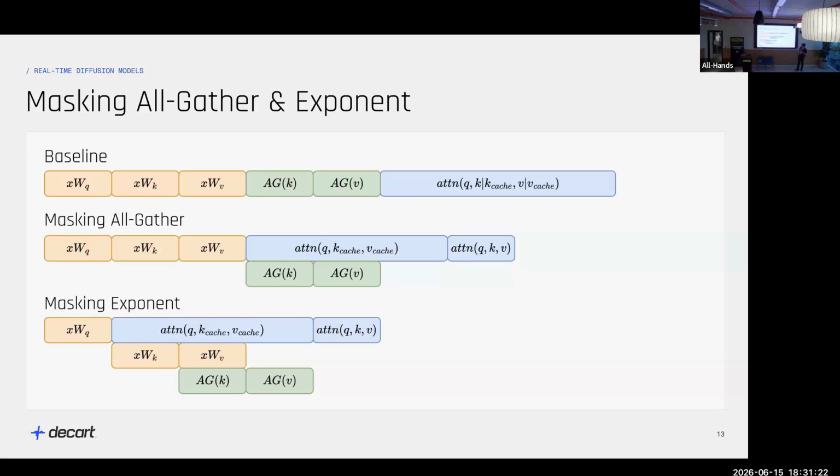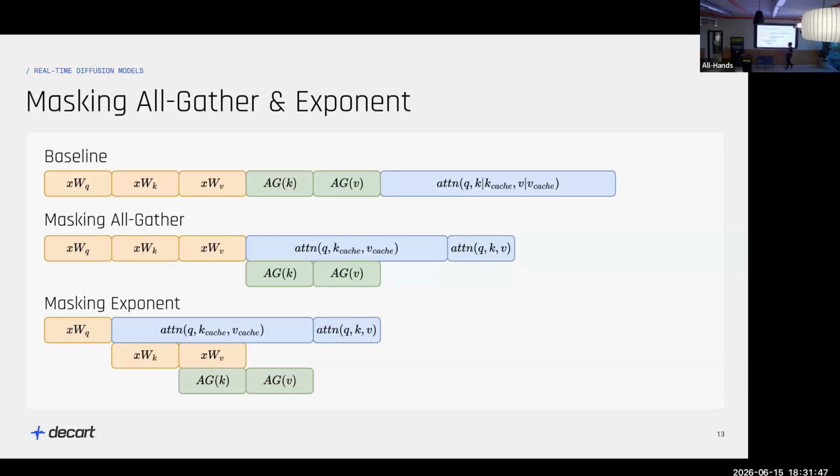And then that gives you the opportunity to overlap the all gather. Now you can overlap this all gather communication on top of the first attention instead of needing to have it serially. You could even take it further. Attention is normally exponent bound on modern GPUs. So what if you try to overlap on top of the attention from Q, K cache, V cache, not only the all gathers, but also the computation of K and V themselves?